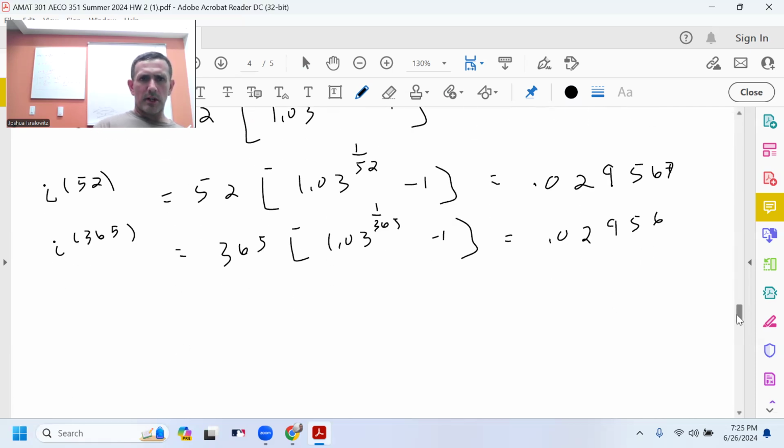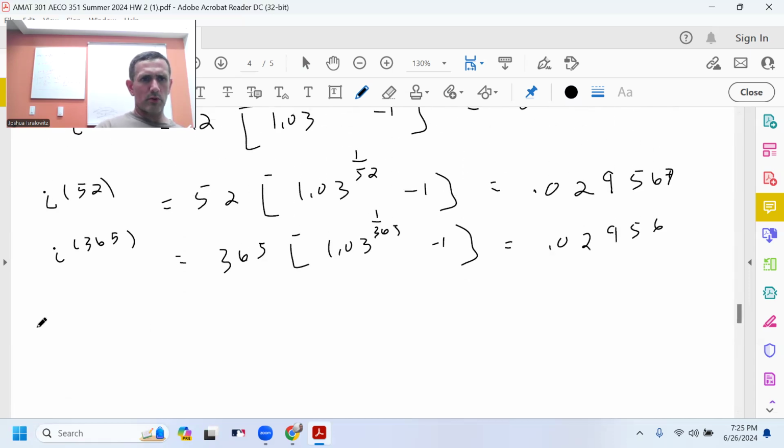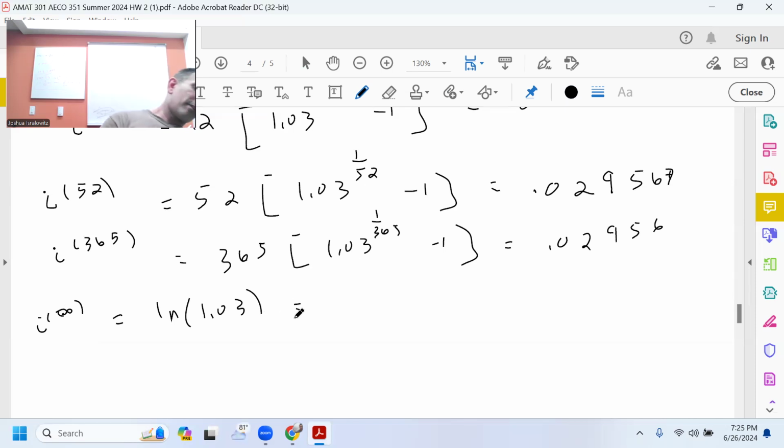All right, and last but not least, I should have enough room. Remember, this formula is ln of 1 plus I. A few people said it's 0 because you're raising something to infinity, or it's 1.03 to the 1 over infinity, so that's 1, 1 minus 1 is 0.